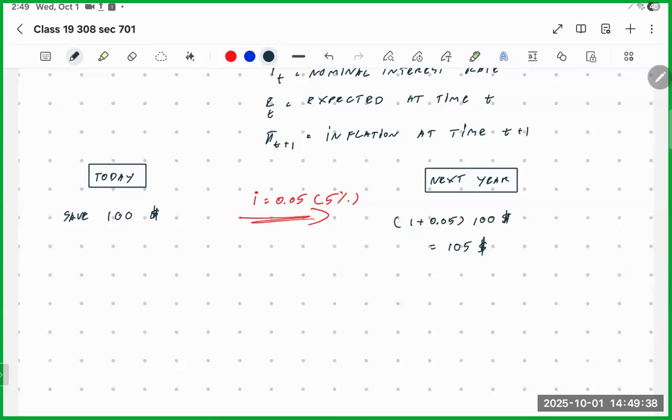However, even though the nominal interest rate is 5%, which means your money is going to increase 5% over 1 year, in 1 year something else may change, like the price.